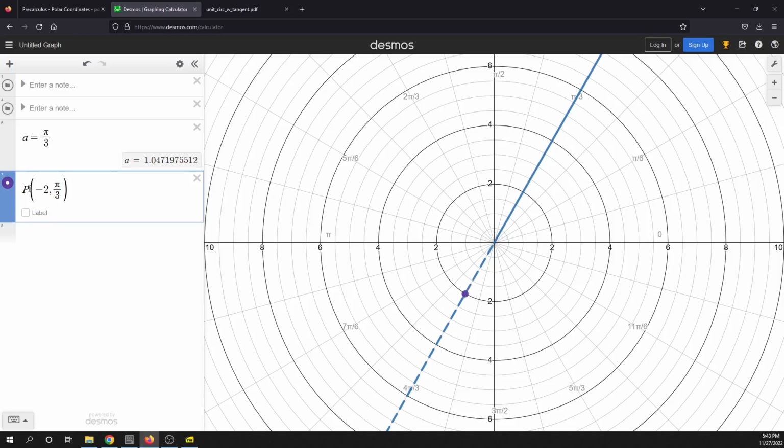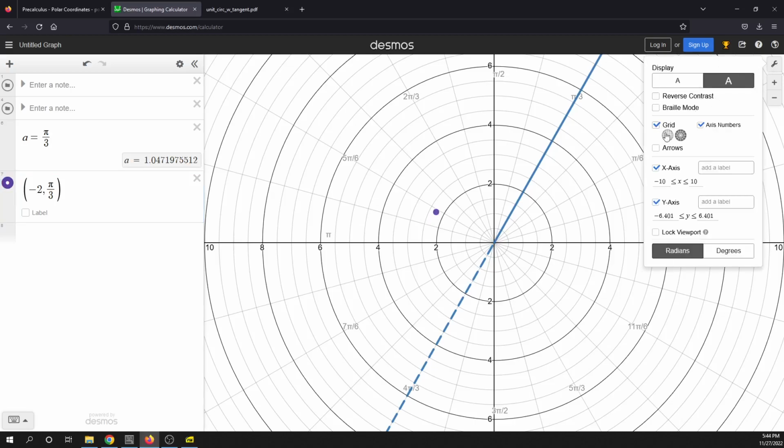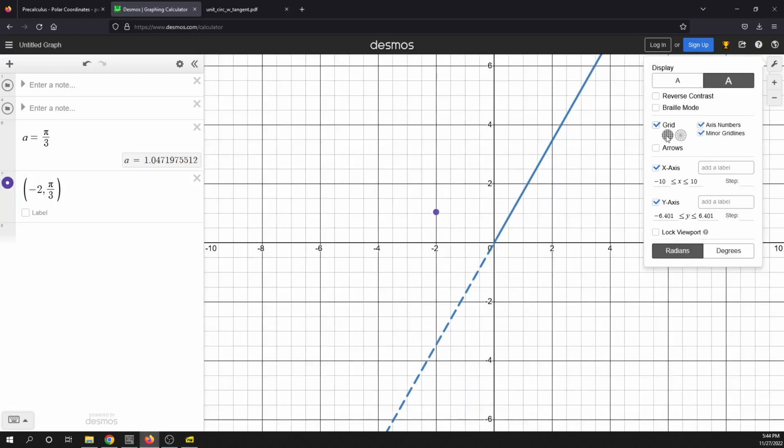You have to be careful on Desmos, even if you are in the polar grid. If I just enter the point (-2, 3), it's going to give you where that point is located in the rectangular coordinate system. By the way, on Desmos, you can switch by clicking this button right here.